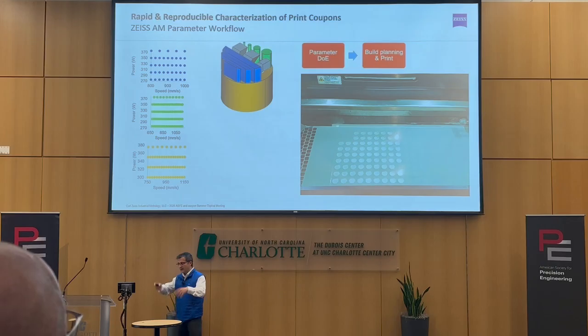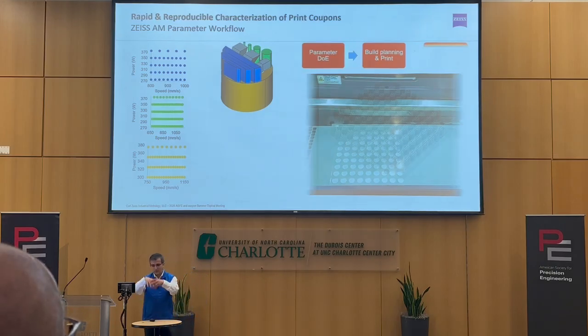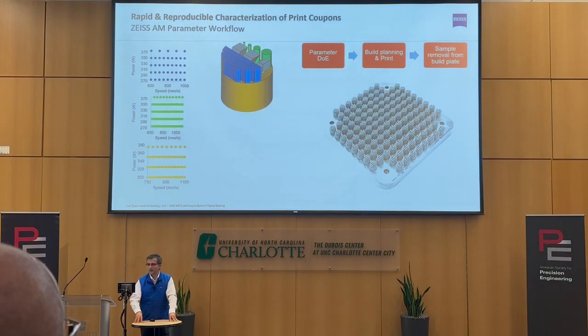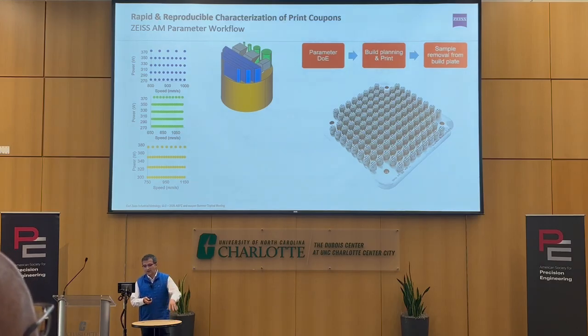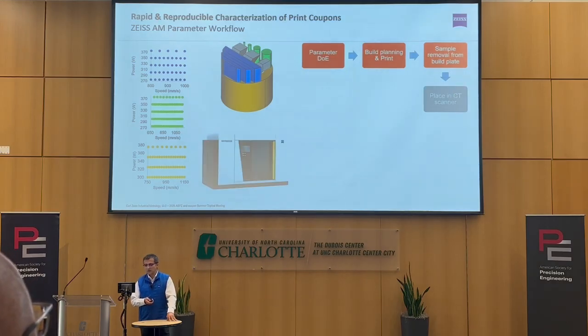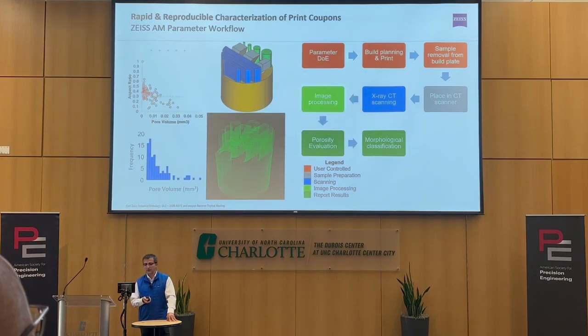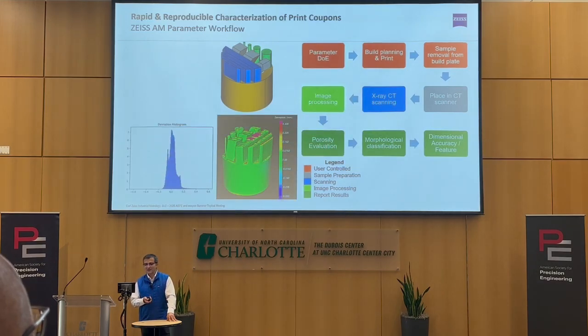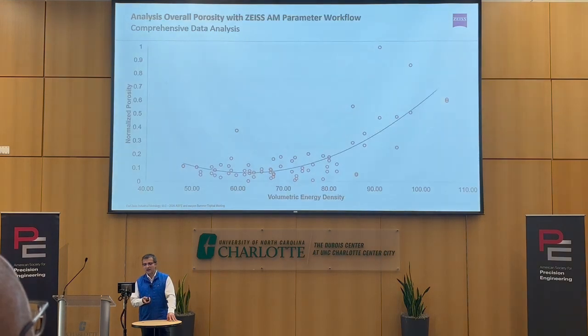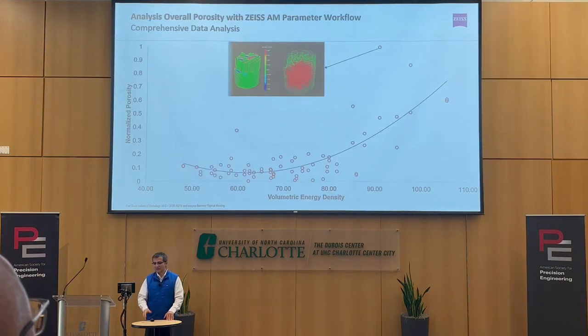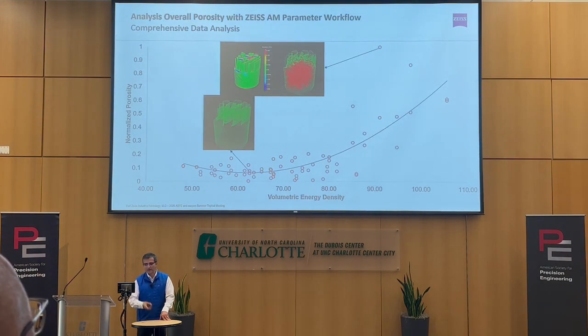The other thing that can be done is with a set of parameters that you are doing with coupons, you can evaluate several tens of coupons, and then you can CT scan and evaluate them for porosity or for dimensional metrology, and try to optimize where in terms of the volumetric energy density or other parameters is your optimized part.